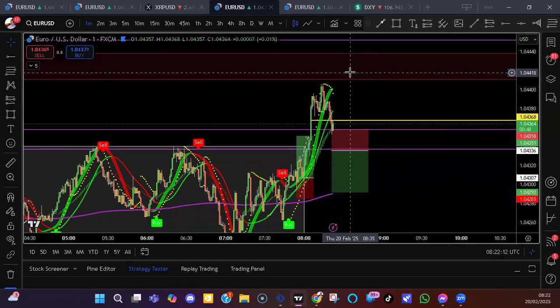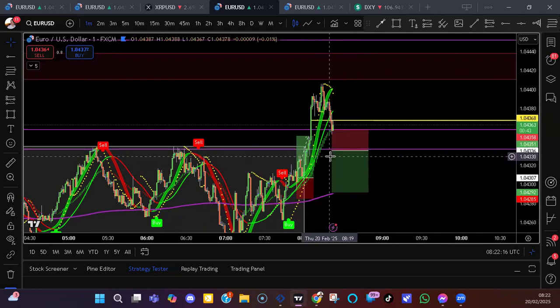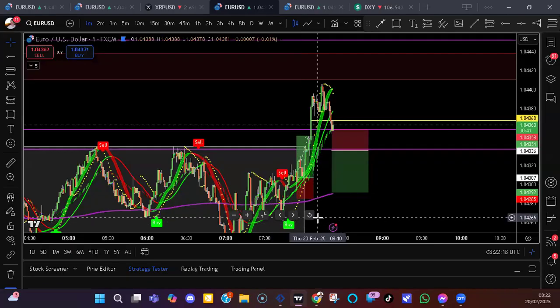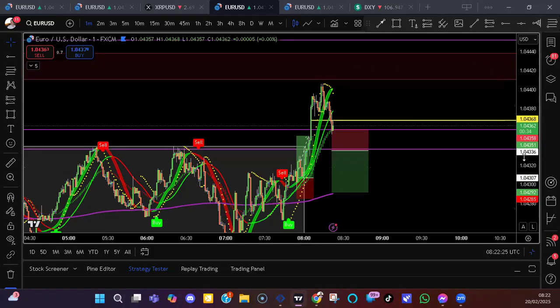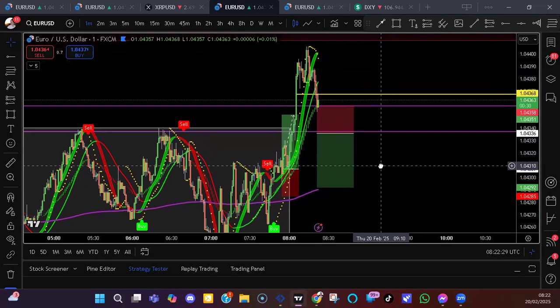I know there's an imbalance up here. I know there's an imbalance just about here, but I also know on the higher time frames there is no other imbalance, no other reason for price to get down here. If it does get down here, it's on the strength of the dollar.